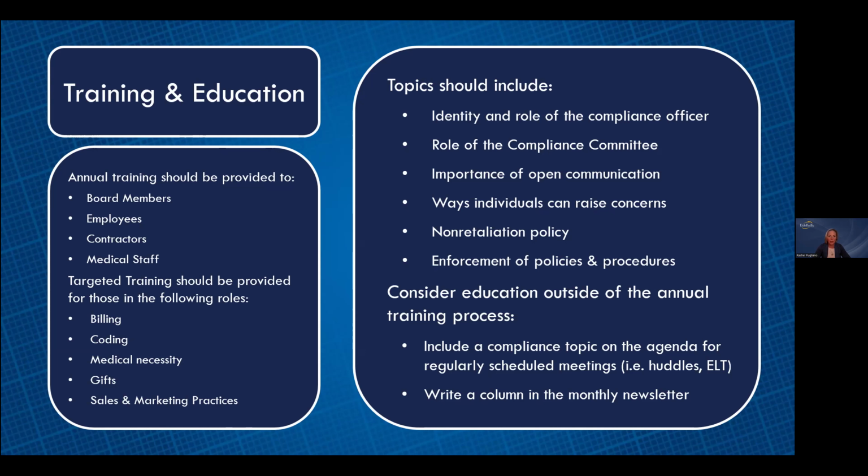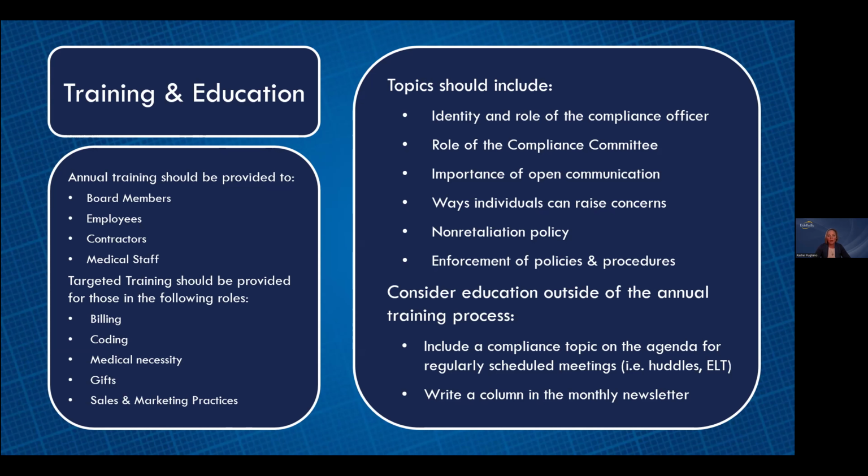And then additional touch points and education outside of some of these annual training processes could be including a compliance topic on the agenda for some of your regularly scheduled meetings. If you have an executive leadership team that meets on a regular basis, incorporating compliance into that agenda, as well as any kind of revenue cycle meetings, those types of conversations always include a compliance element.